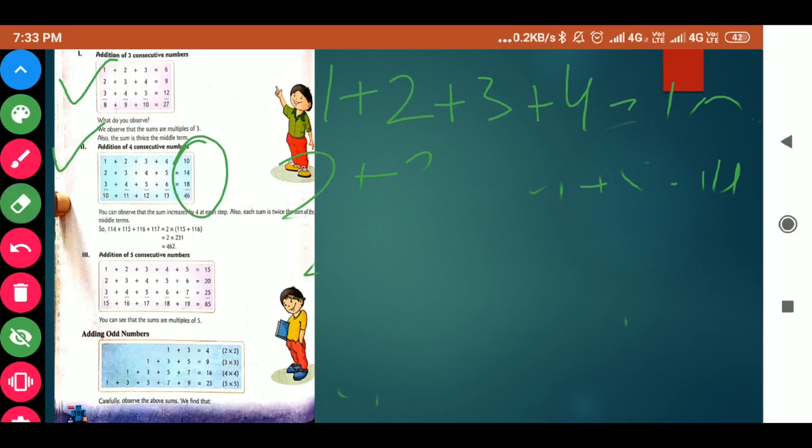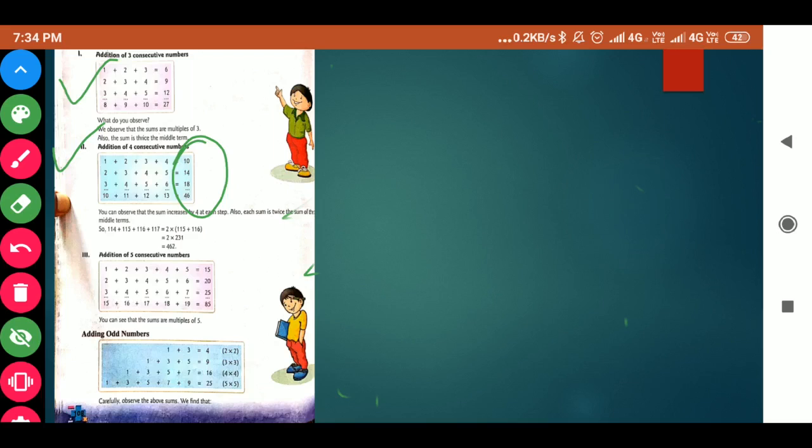In this, you can see that each sum is twice the sum of the 2 middle terms. Let us understand. Here each sum is twice.